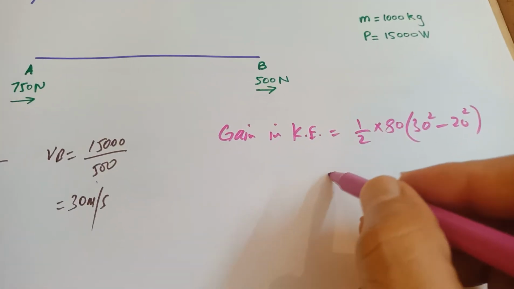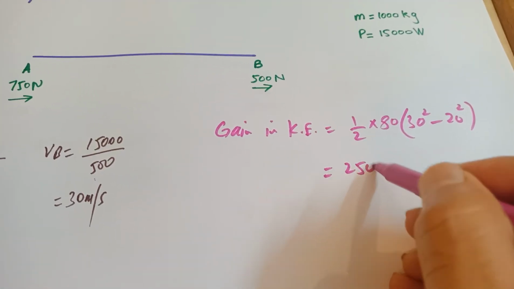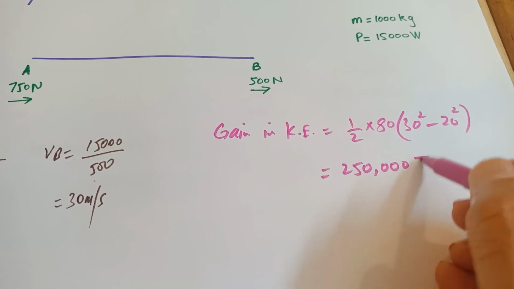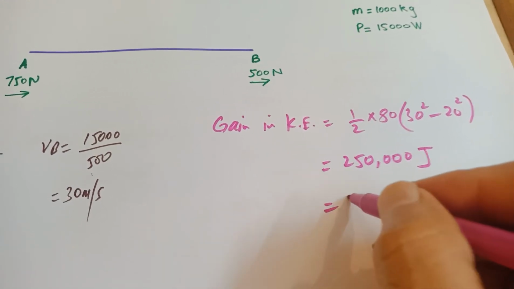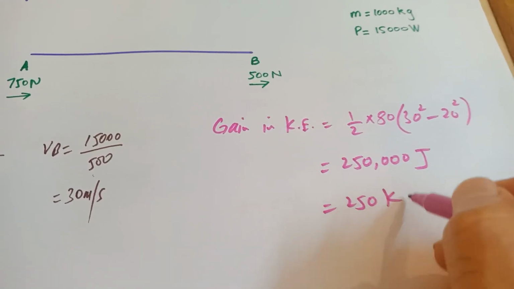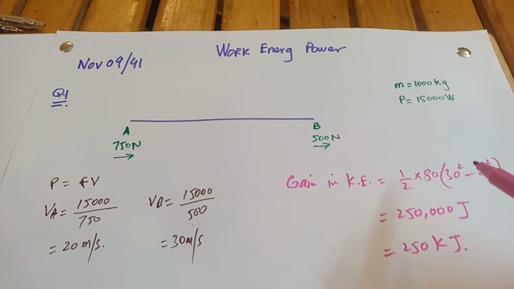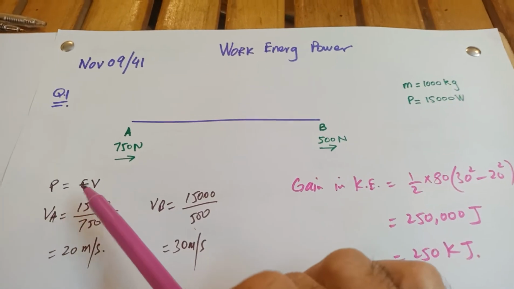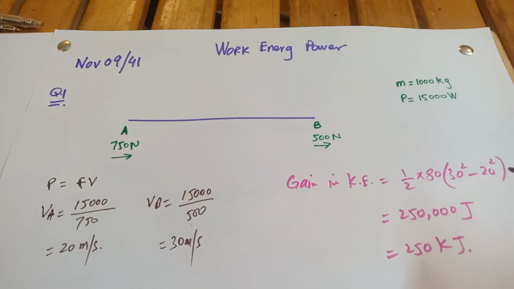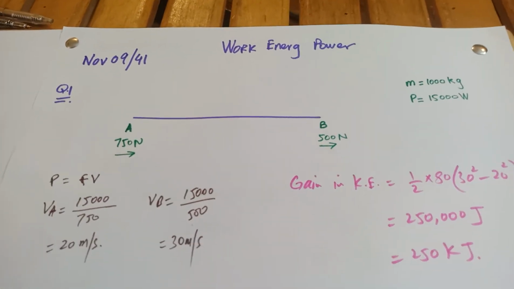You simplify this, and you should get the answer as 250,000 joules, or you can write it as 250 kilojoules. So that was a basic question on the formula of power and then the gain in kinetic energy. Now I move towards the second question.